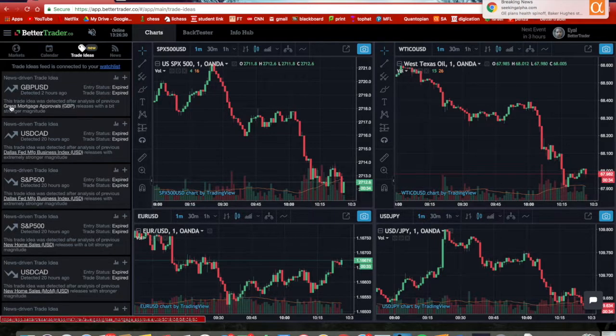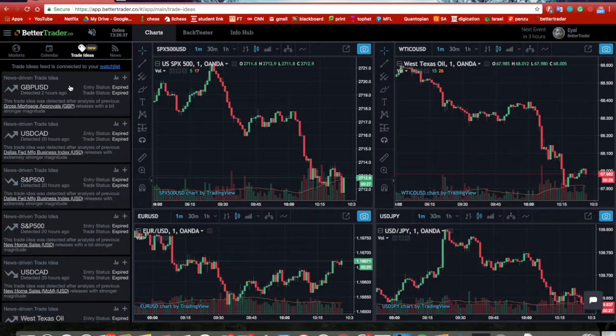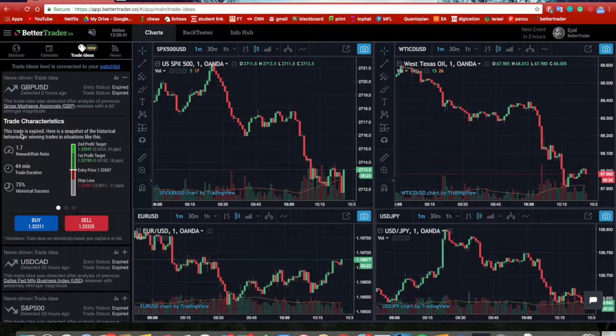So this one is after some mortgage approval, and for price-driven trade ideas, it will be after a certain price has shifted so much. So if you click on it, it will tell you the trade characteristics and what you're trying to accomplish with your first profit target, second profit target, and stop loss. It will show you your historical success, your reward risk ratio, etc.